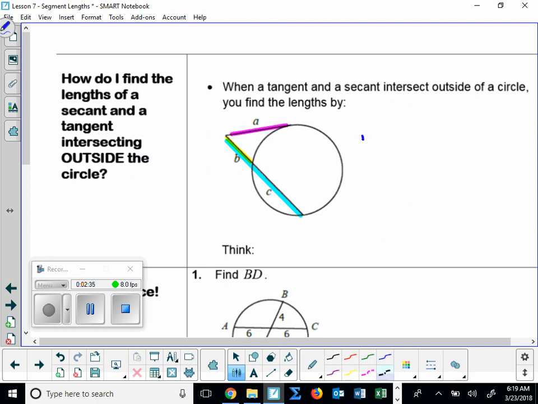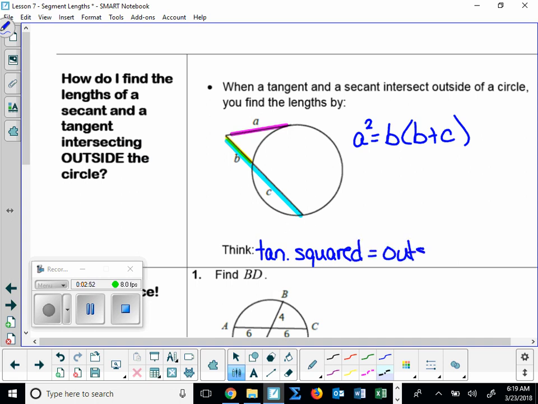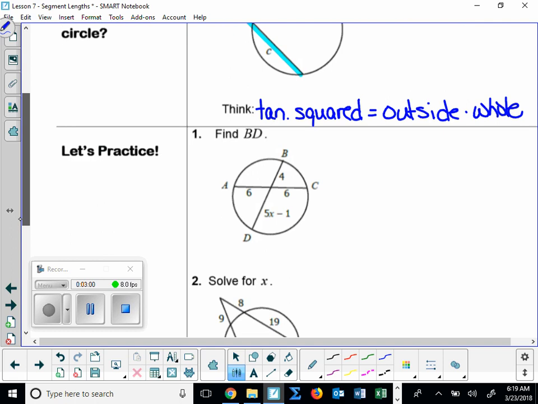So in this case, it's the tangent squared equals the outside times the whole. So tangent squared equals outside times the whole.